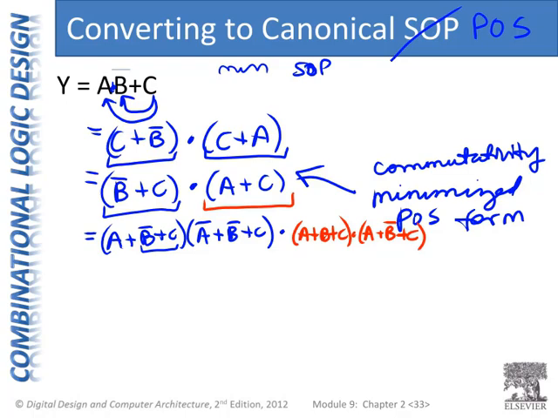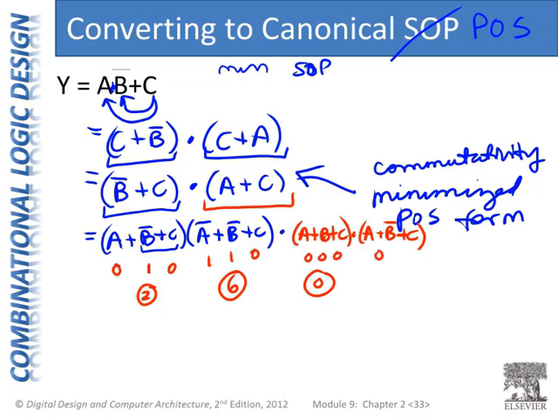But we now need to double check and make sure that it's in the correct order. So we can go ahead and check which max term this is. This is the 0, 1, 0 max term, so max term 2. This is the 1, 1, 0 max term 6. This is the 0, 0, 0 max term 0.